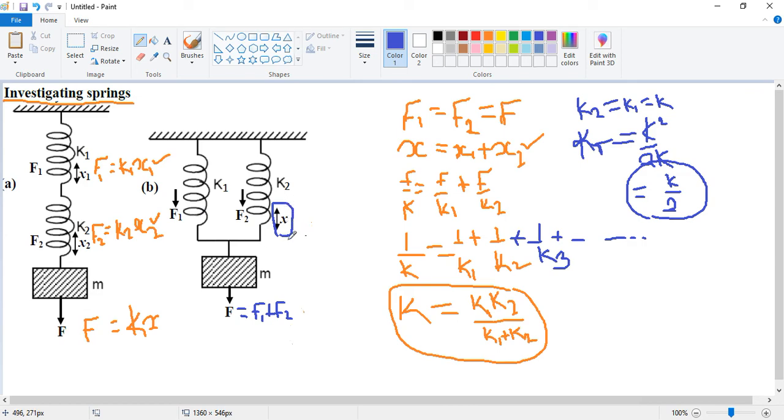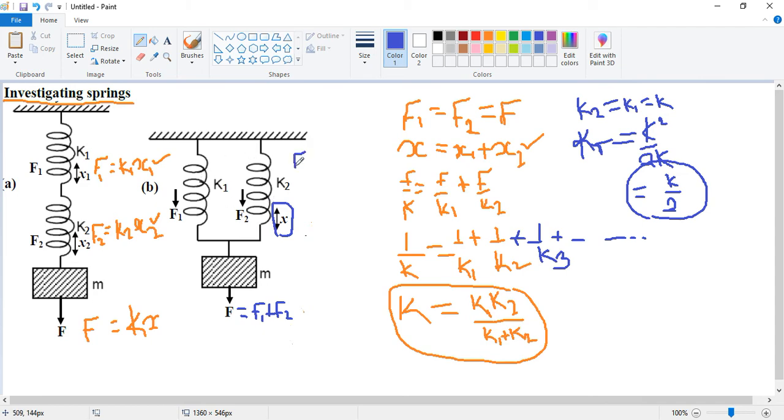Let's call this x. So that means the extension of this spring will be the same extension of the other one if the system is horizontal. If initially you measure the length of the system, then you add the load, you measure the new length, you'll notice that the extension for the two springs is going to be the same. What does that imply?